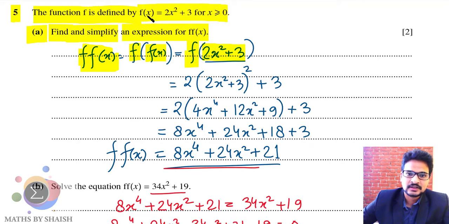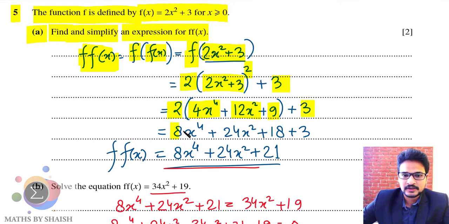What is the input? If the input is x, then the output is twice the square of the input plus 3. Now in this case the input itself is 2x squared plus 3. So it is going to be twice of (2x squared plus 3) whole squared plus 3. We'll open it: this is a square, 4x to the power 4, 2 times 2 times 3 is 12x squared, plus 3 squared, that is 9, and plus 3 outside.